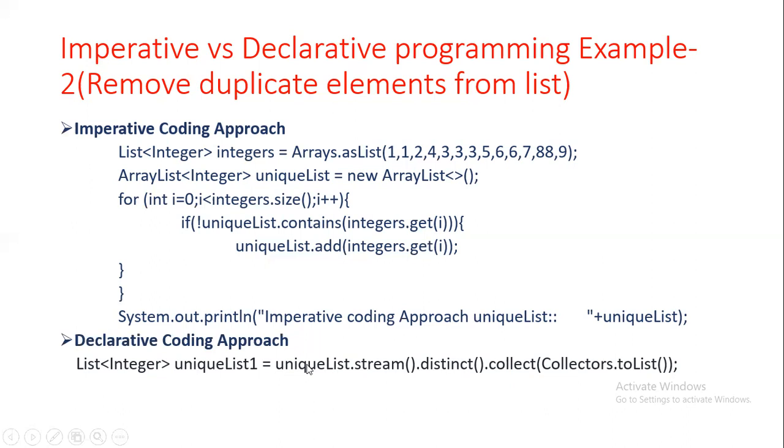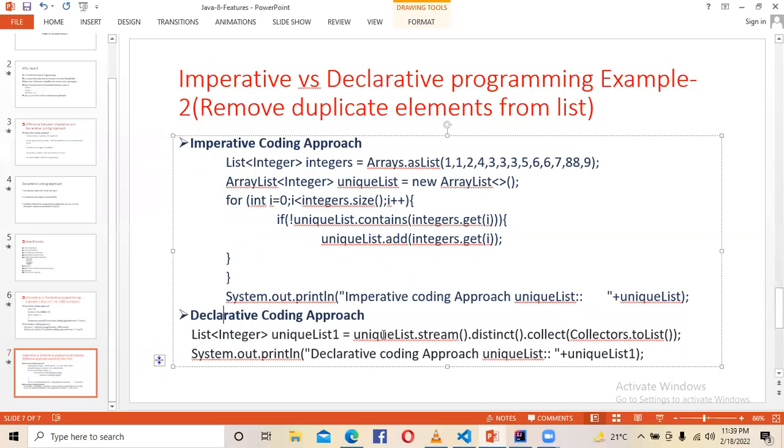We need to take integers, but here it is unique list. Let me change this also. It is integers list, correct? It is integers.